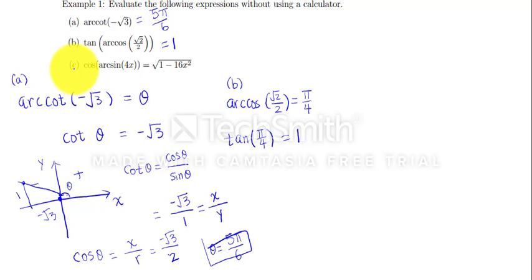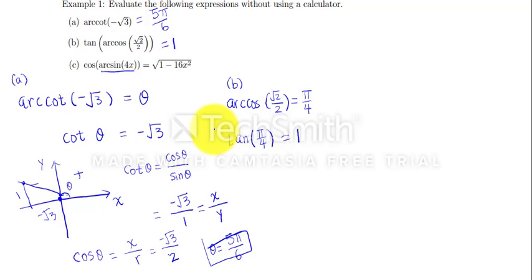Now our answer for part C, I already give it to you. Okay, so it's cosine of arc sine of 4x equals what? Well, the answer is square root of 1 minus 16x squared. How do we arrive at this answer? Anytime you have an expression, you have to evaluate from the inside out.